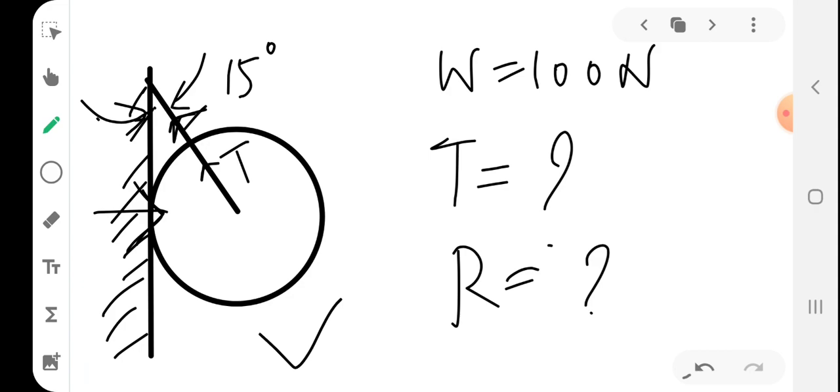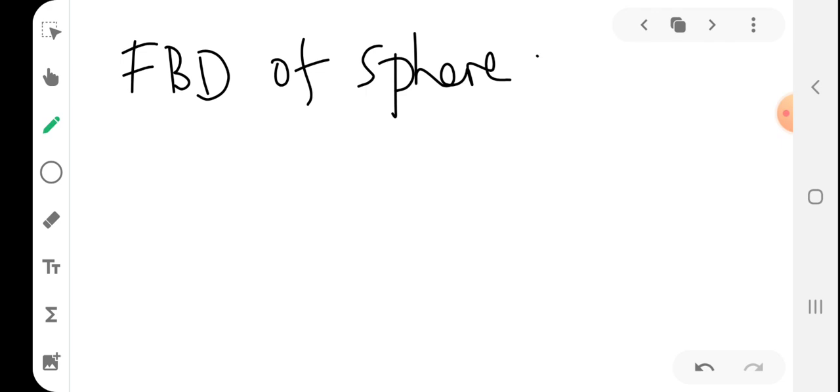It is told in the question that it is tied to a smooth wall, so there is no sign of any kind of motion, and we can assume the sphere is in equilibrium.